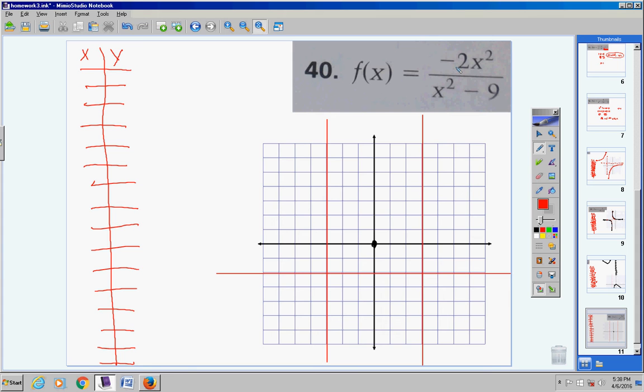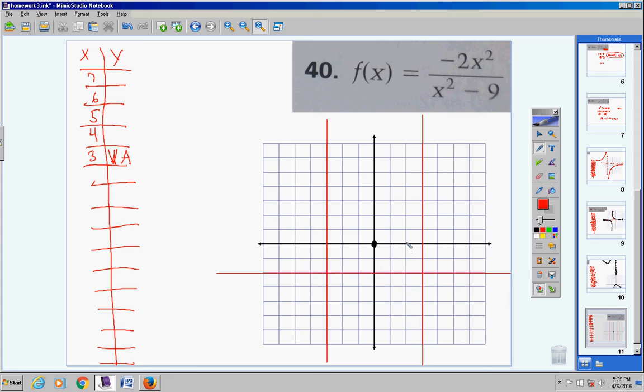So here we go. Let's start over here to the right. I'm going to start up higher with my positive. I have a vertical asymptote at positive 3, so I'm going to go over to 4, 5, 6, 7. So I'm going to go 7, 6, 5, 4. Then 3 is my vertical asymptote. And then I want to plot all the points between the two asymptotes.